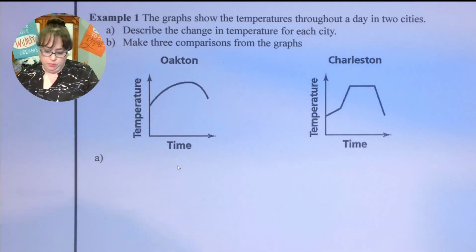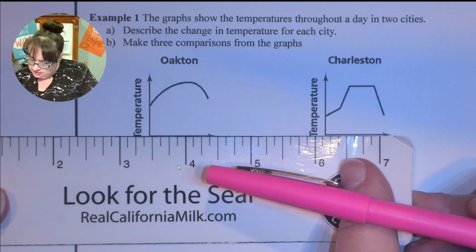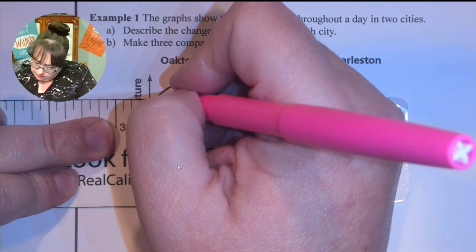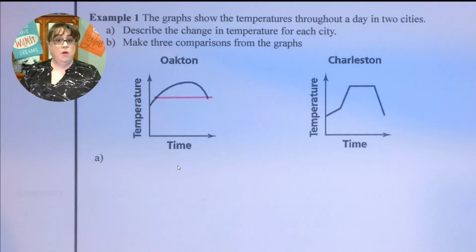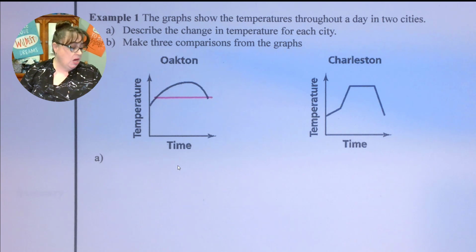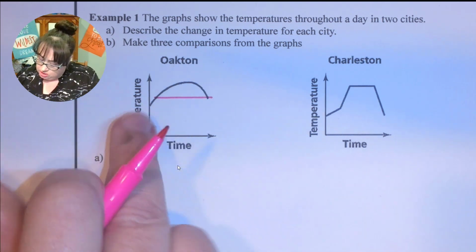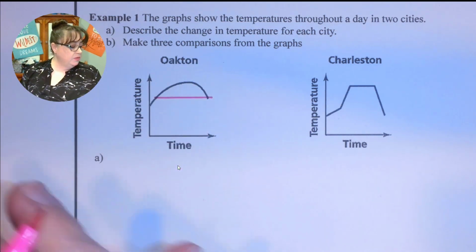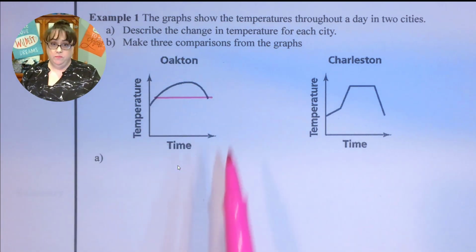But if we took a ruler and kept it nice and parallel, and drew a line, we can even see that we don't get back to our starting point. So that's one of the things that maybe we want to talk about. So the temperature increases, then it starts to decrease, and then it keeps decreasing rapidly, right?